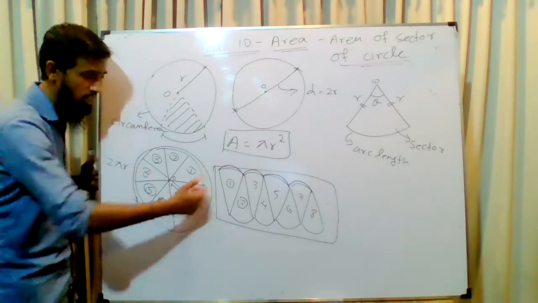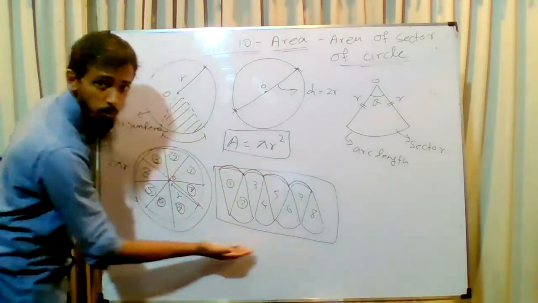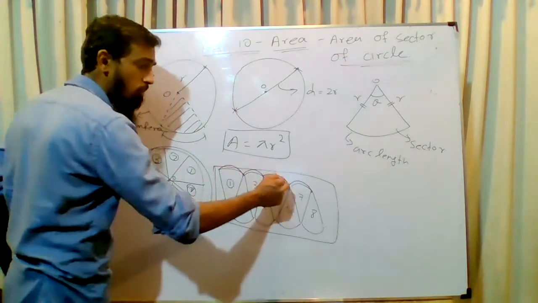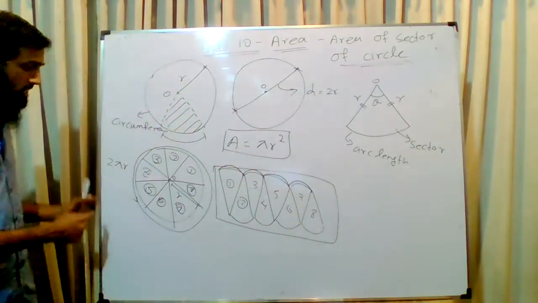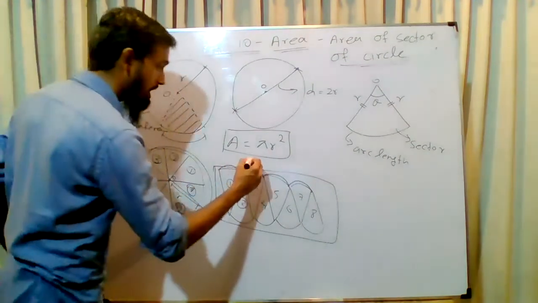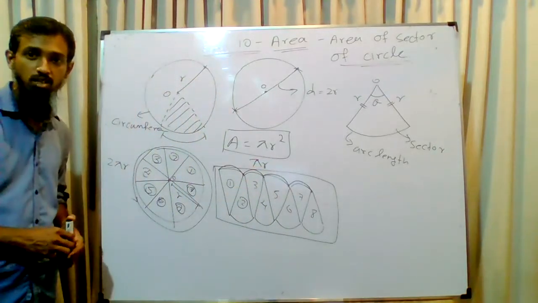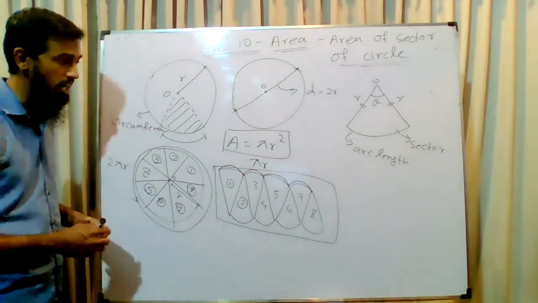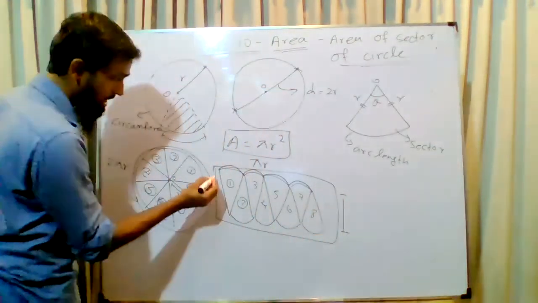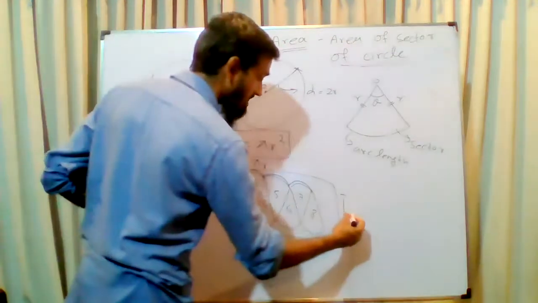Half of the circumference is on the top and the other half is at the bottom. The entire circumference is 2 pi r, so half is pi r. So the length of this rectangular shape is pi r. The breadth is the radius, so the breadth is r.